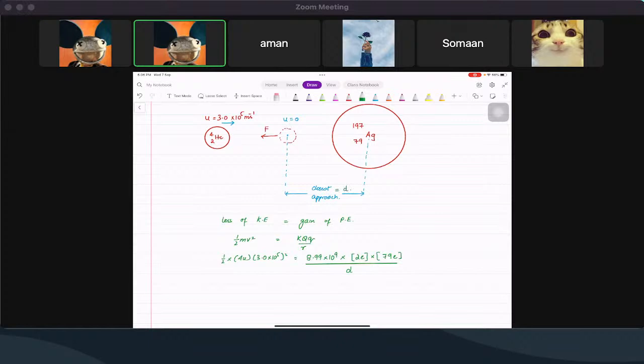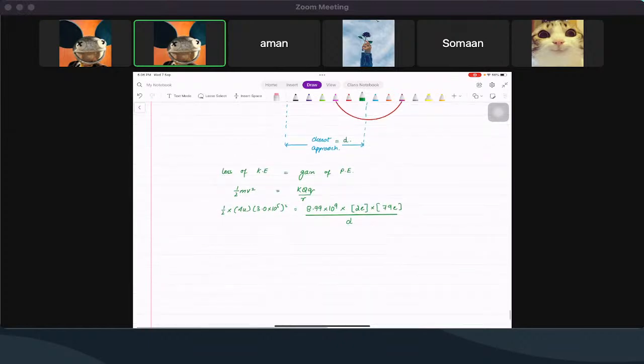Now, to convert it into kgs, we need to multiply 4 with 1.66 times 10 raised to power minus 27 kilograms, and then the same 3.0 times 10 raised to 5 whole squared. This is going to be 8.99 times 10 raised to power 9.